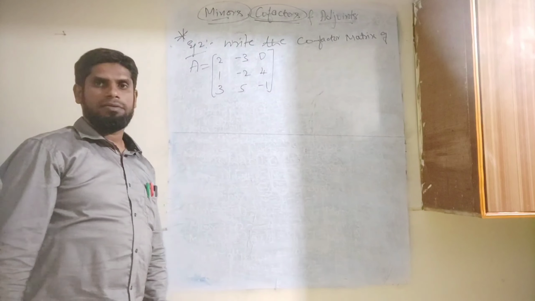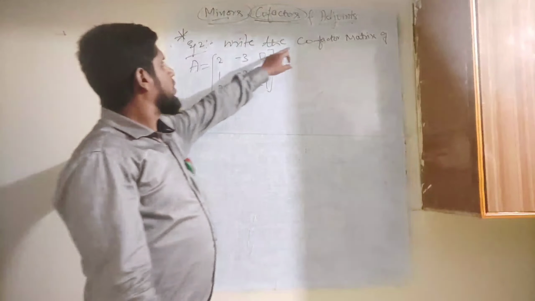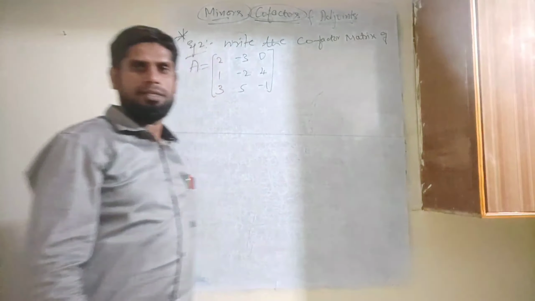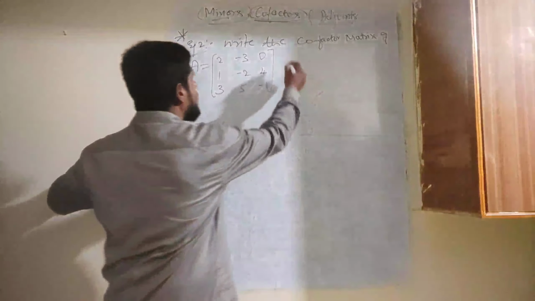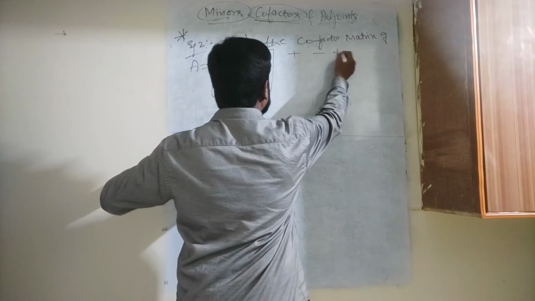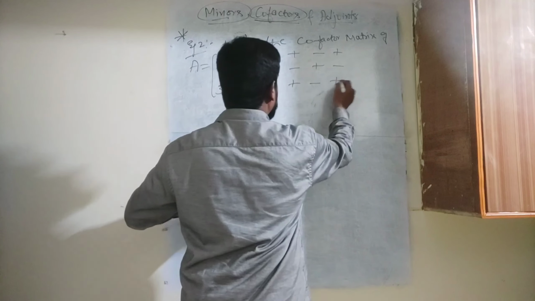So students, here we have a 3 cross 3 matrix this time, and we are asked to write the cofactor matrix. We know that for a 3 cross 3 matrix the hidden signs are plus, minus, plus, minus, plus, minus, plus, minus, plus.